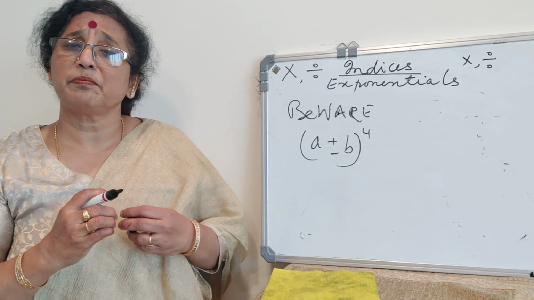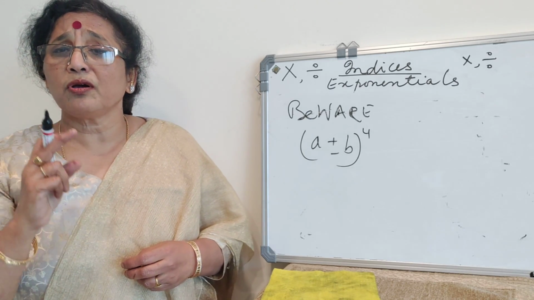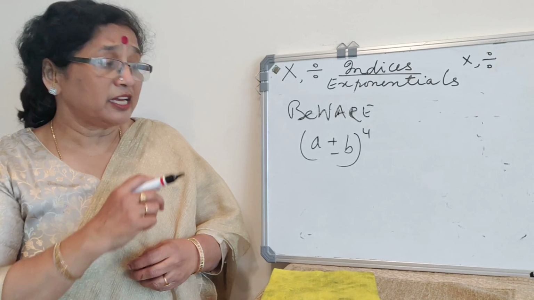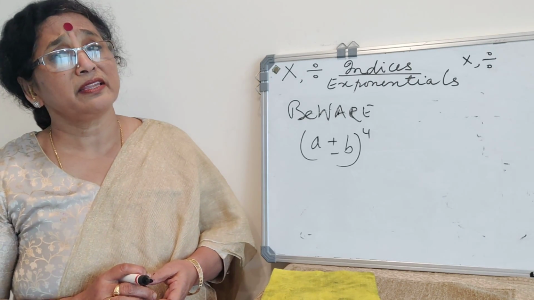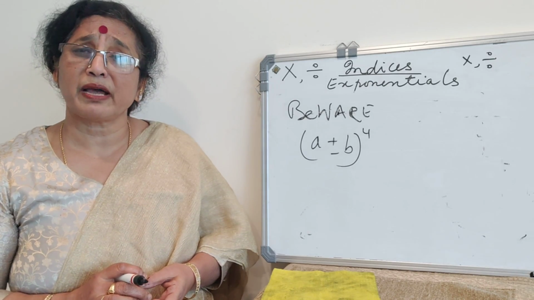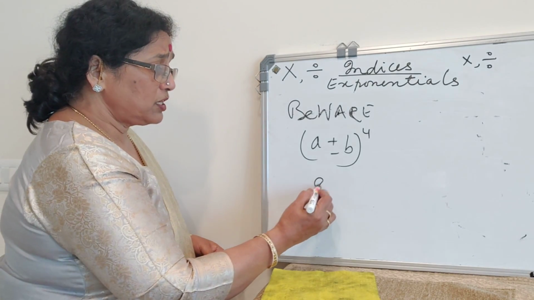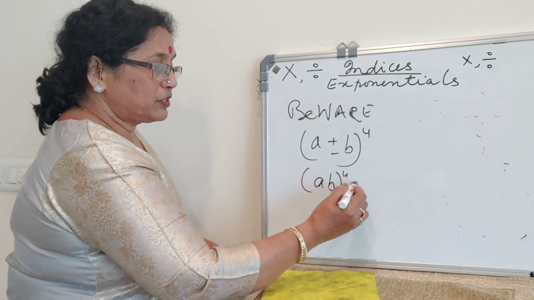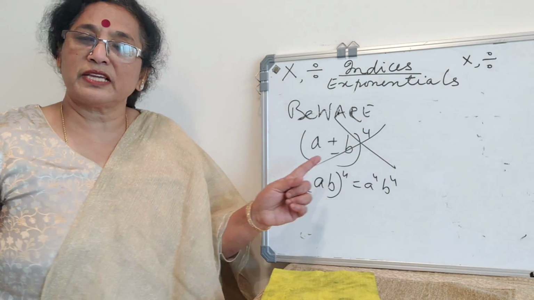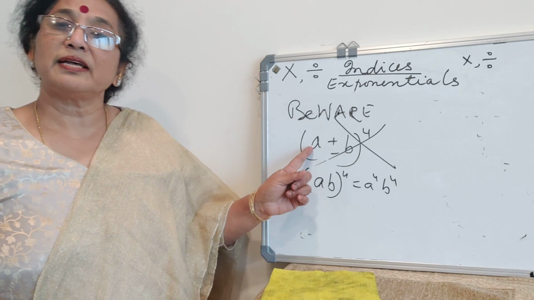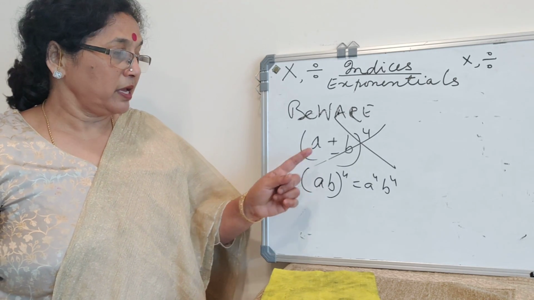We cannot bring the power inside the bracket because this is not indices. This is not a multiplication sign. The sign between a and b is plus or minus. So whatever rule is for a4 b4, it is not for this. What is the sign in between? Plus and minus.